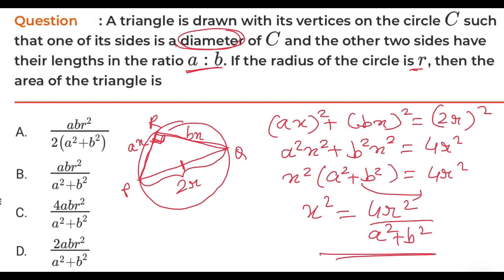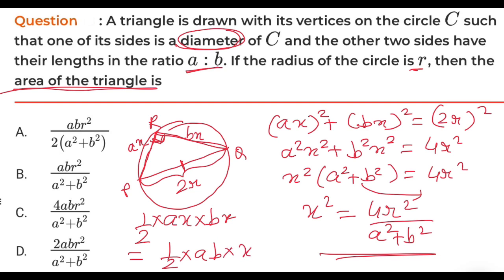Now they're asking us the area of the triangle, guys. For any right angle triangle, the area is half into the product of the perpendicular sides. So the area required is half into AX into BX, which eventually becomes half into AB into X square. But X square's value we have already found. Let's substitute here.